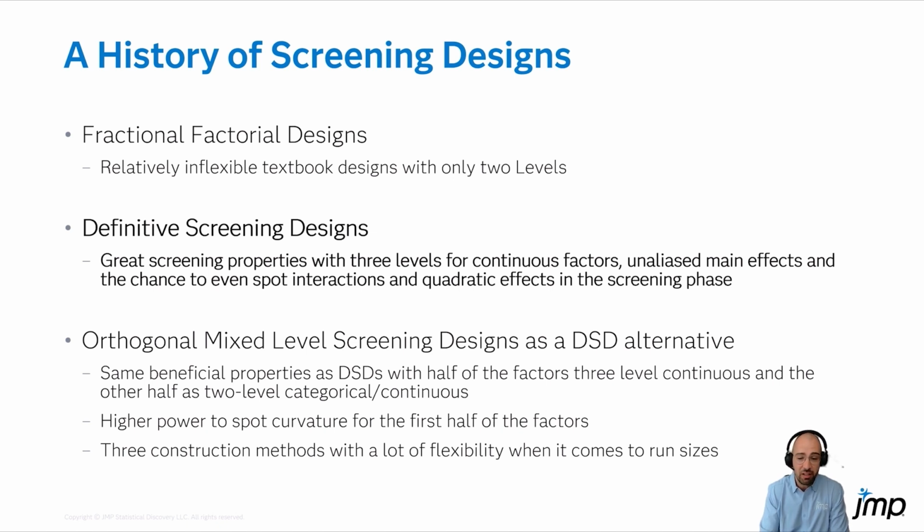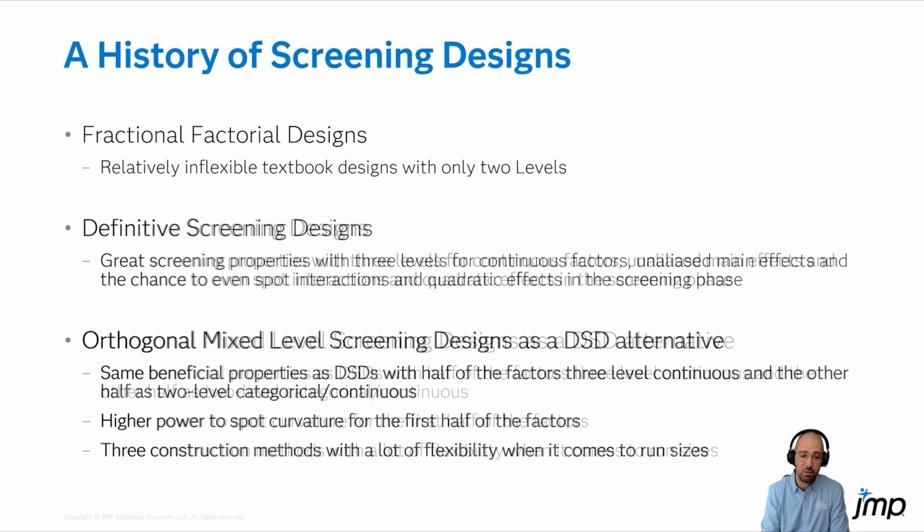These designs are great, but they are not the best choice if you have a lot of 2-level categorical factors in the screening phase, and they're also quite inflexible when it comes to the run size. So today we want to look at orthogonal mixed level screening designs to address these as a DSD alternative.